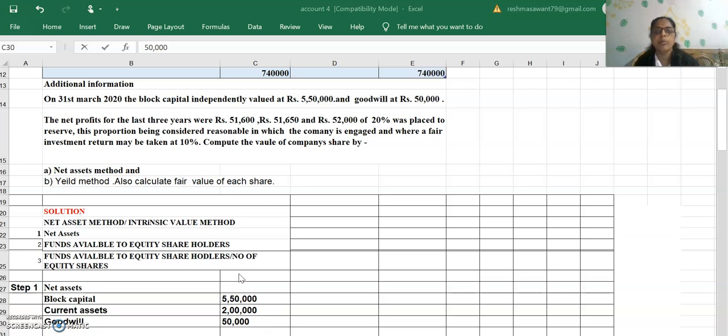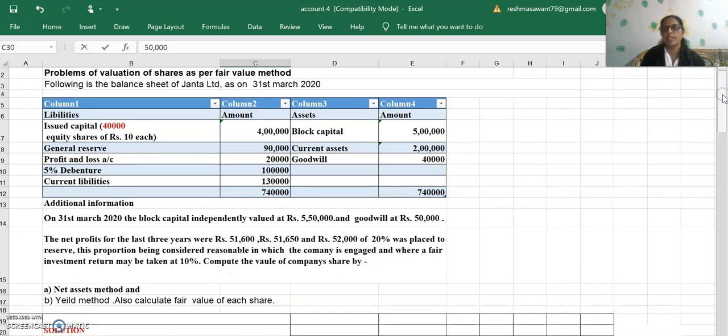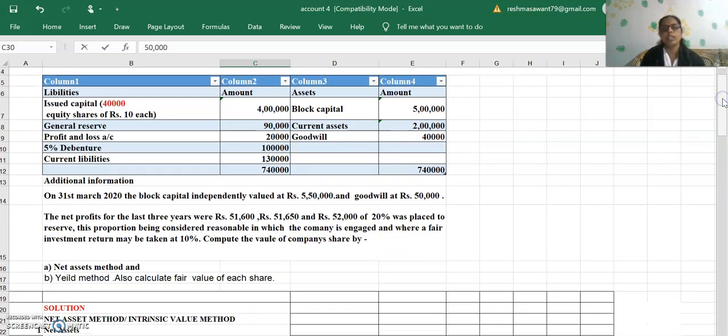In your question, block asset is valued at 5,50,000 and goodwill at 50,000. But in your balance sheet, block asset is rupees 5 lakh and goodwill rupees 40,000. So consider the adjusted, revalued or realisable value.